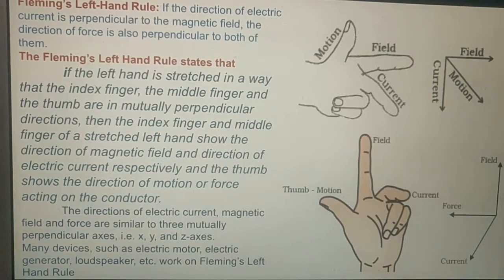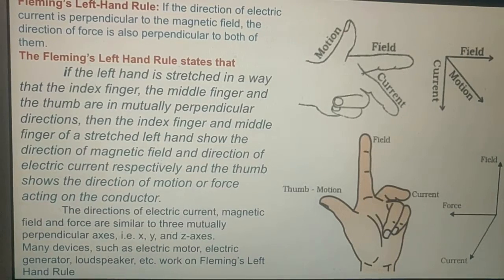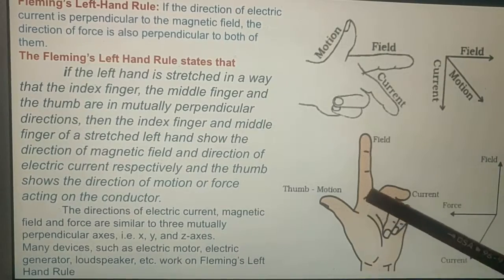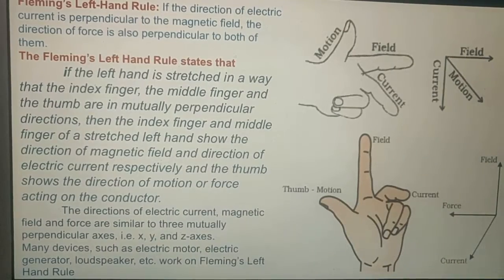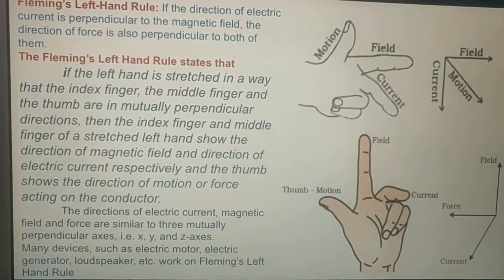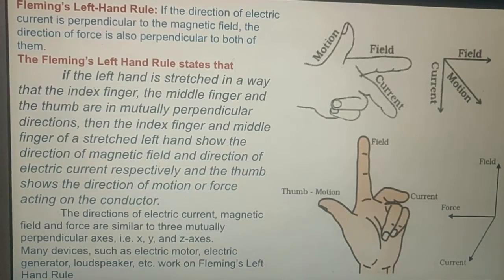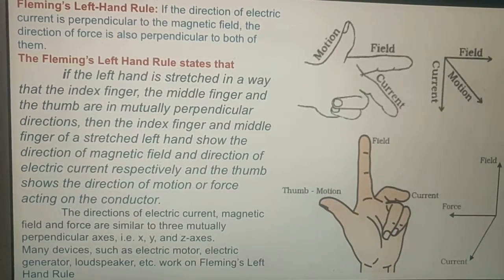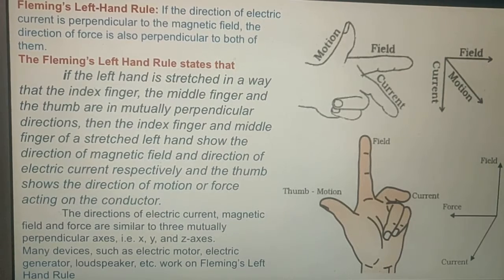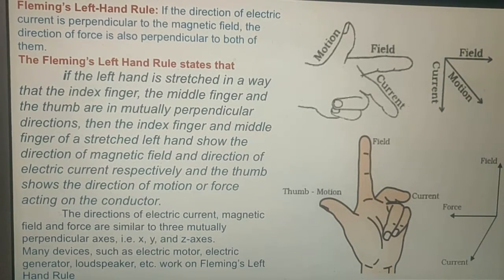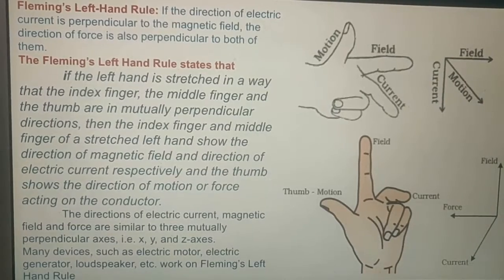Fleming's left hand rule states that if the left hand is stretched in a way that the index finger, middle finger, and thumb are mutually perpendicular, the index finger and middle finger show the direction of magnetic field and direction of electric current respectively, and the thumb shows the direction of motion or force acting on the conductor.